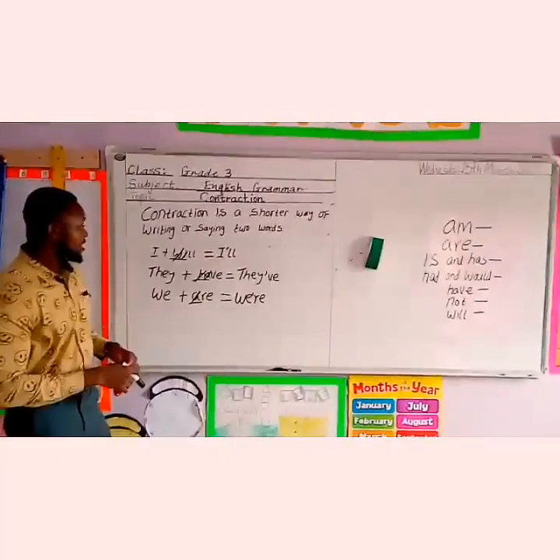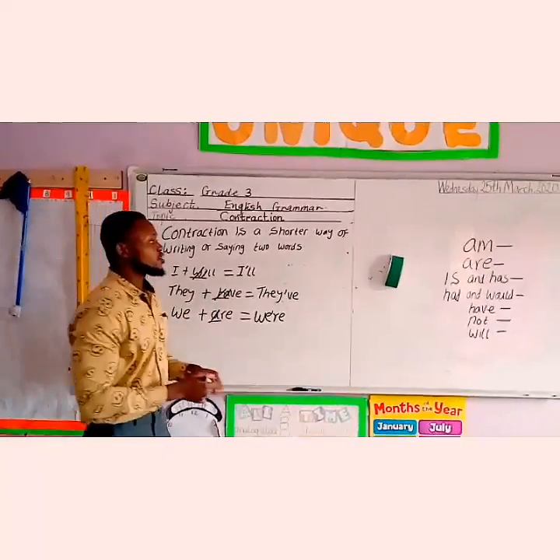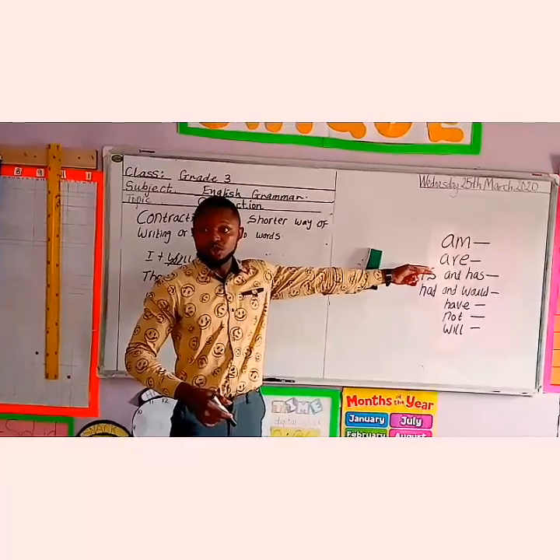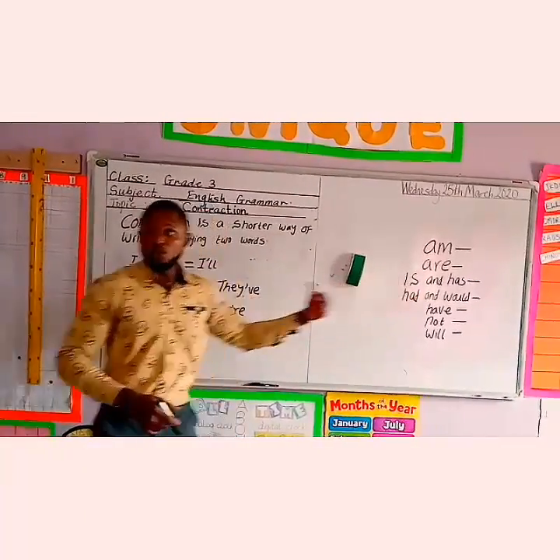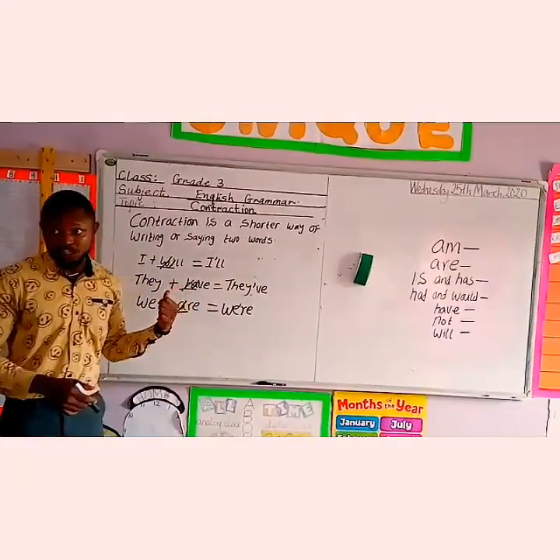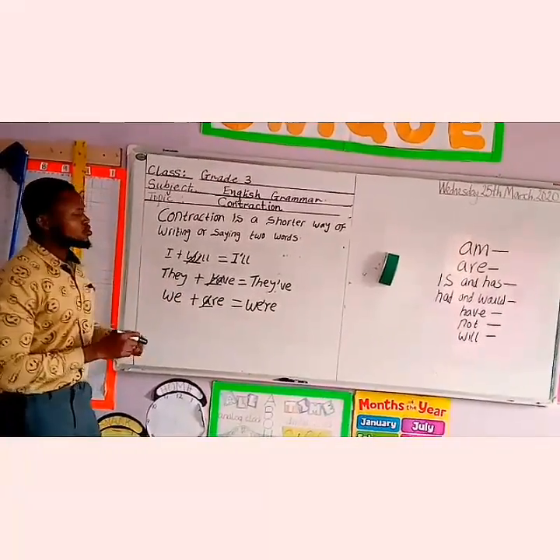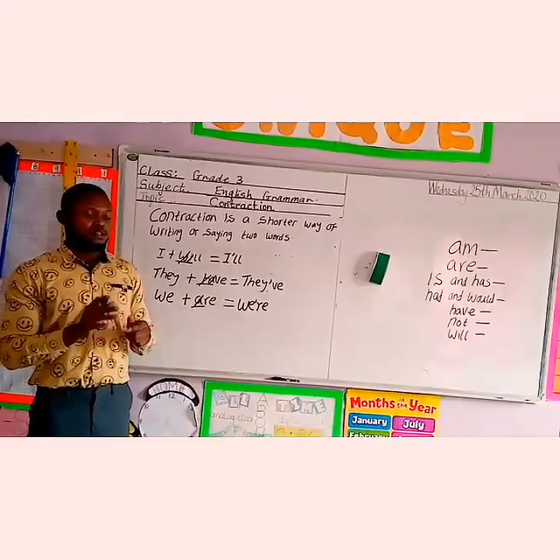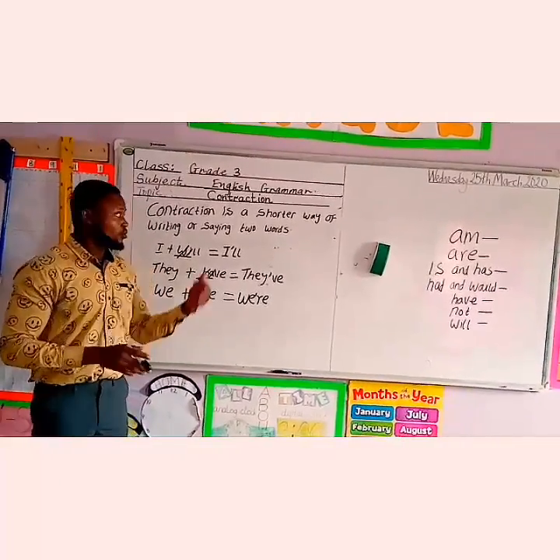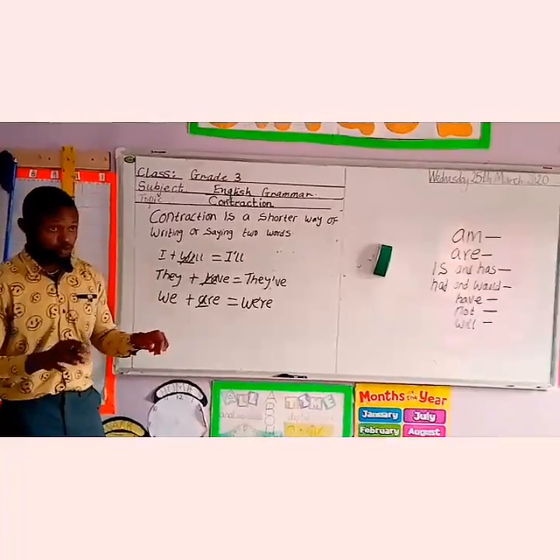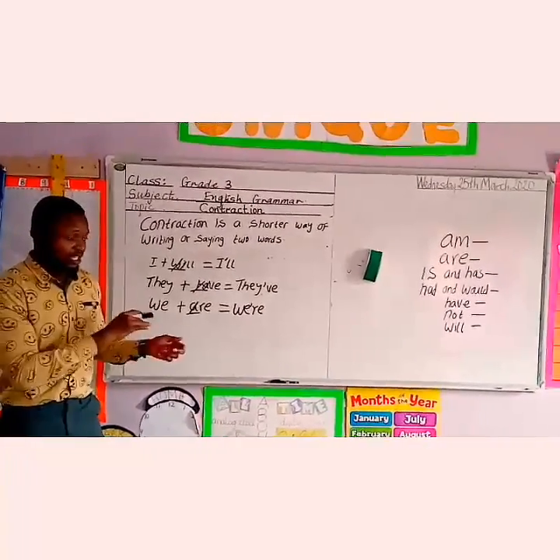I'll give you some simple rules to use as guidelines whenever you're working with contractions. They'll serve as guidelines. Now, we also have irregular words when we're dealing with contractions. Those words defy all rules. We'll get to that at the end of the lesson.